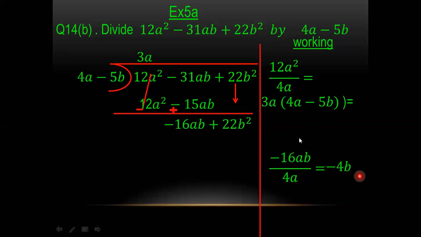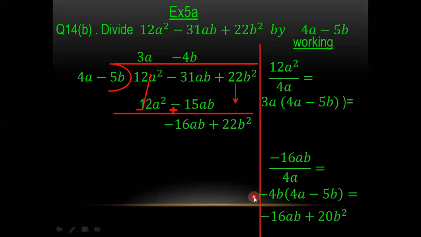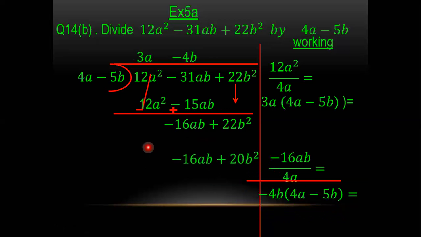Minus 4b will be shifted over here and multiplied with the divisor, and now I'm shifting it first, and now I am multiplying it with the divisor here, and I'm getting the product like minus 16ab plus 20b square. This product will be shifted over here, right, under the like terms. So I'm shifting it here, and now the process of subtraction means change of sign.